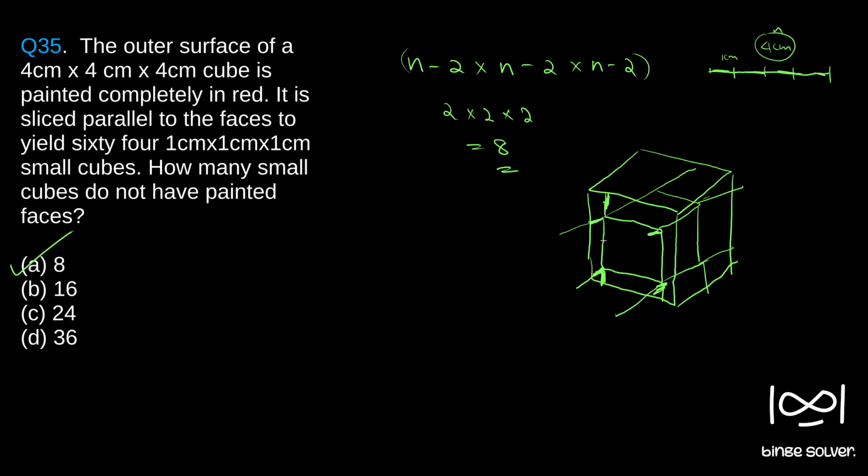We get the inner cube that will have n minus 2 into n minus 2 into n minus 2. Every side will be n minus 2. So that will be the side length of the inner cube that has no sides painted. So the total number of cubes will be n minus 2 into n minus 2 into n minus 2. That's how we get this formula.